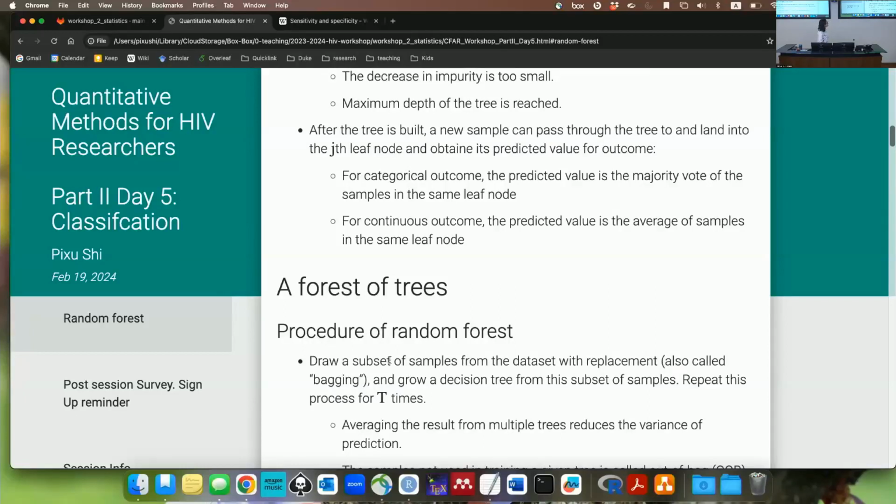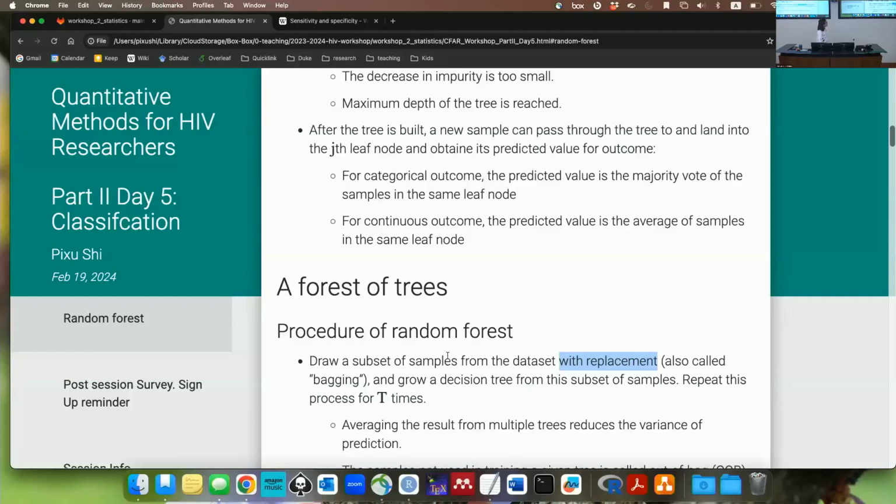This process of drawing a subset of samples for training, with replacement, is called bagging, and the samples you leave out of the bag are called the out of bag samples, and those are good for evaluating prediction accuracy.